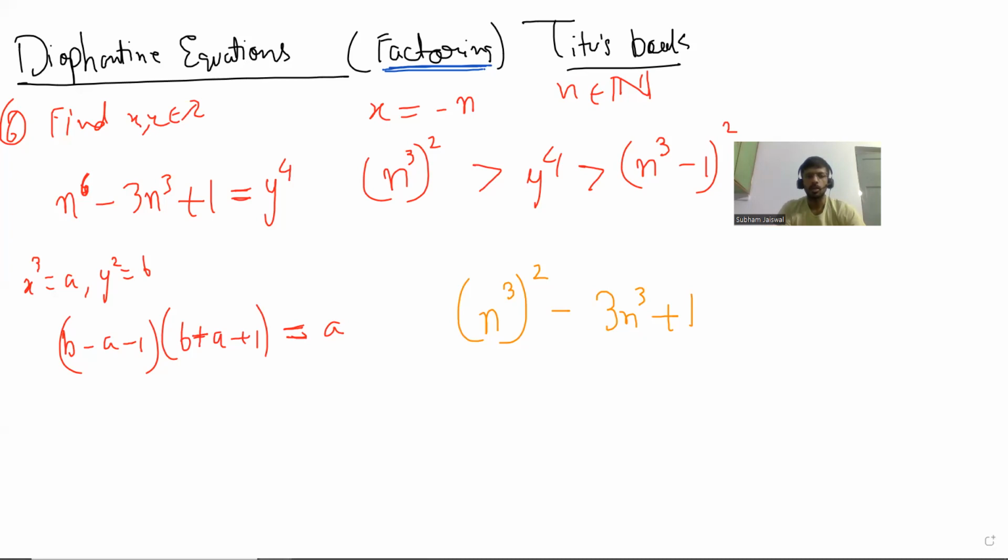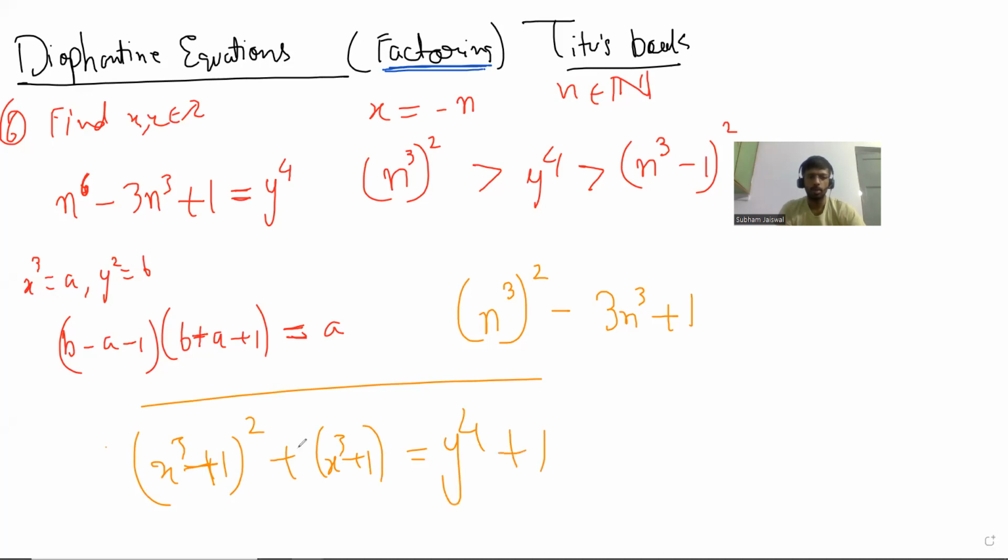Wait, then where is my screen? You can see my screen, right? Whiteboard? So this one is just, right. And then you multiply by 4, right? And now you see what is going on.